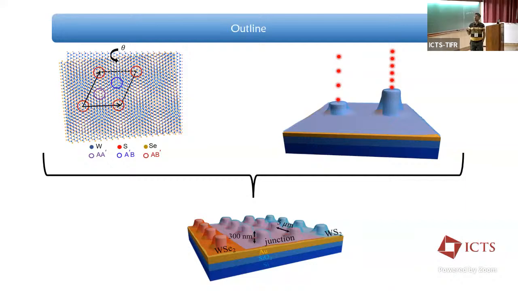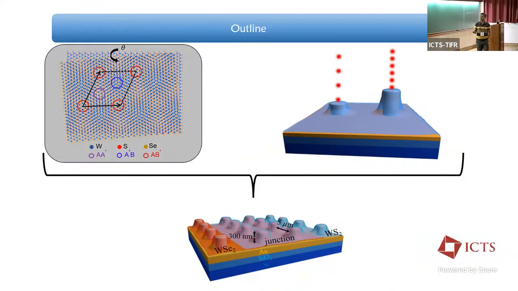If you put this Moire heterobilayer on these nanopillars, you have a periodic array of Moire pockets that is modulated with a much lower spatial frequency. So you have a strain well, and within that you have these higher frequency Moire pockets. And what happens to the excitons in that? So this is my outline.